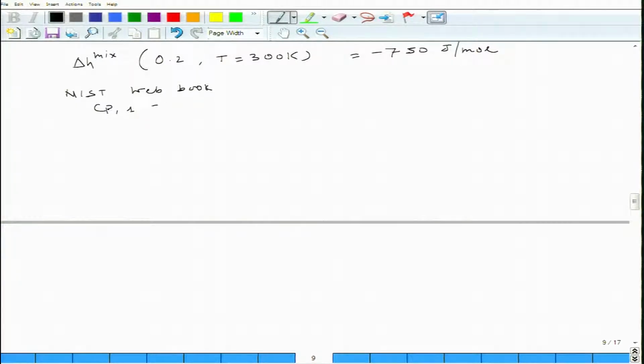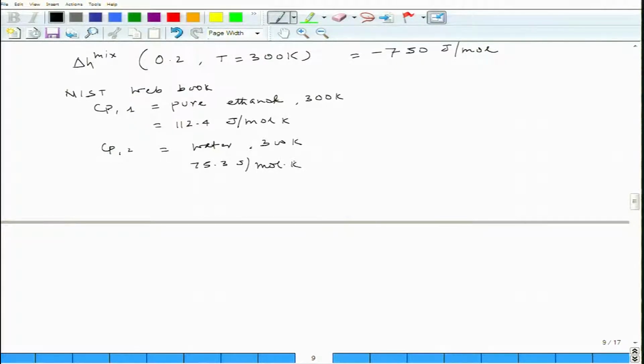For pure ethanol at 300 Kelvin, Cp1 is 112.4 joules per mole Kelvin, and Cp2 for pure water at 300 Kelvin is 75.3 joules per mole Kelvin. Okay. So, this information is given to you.